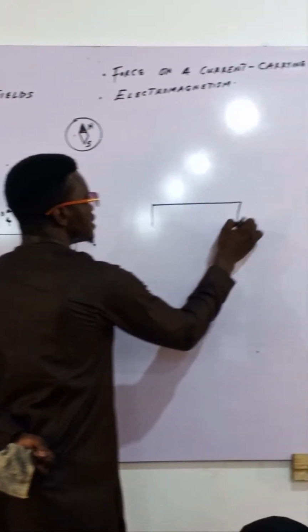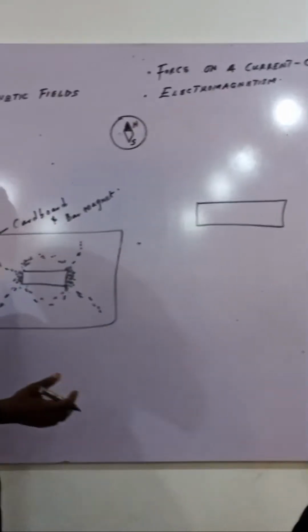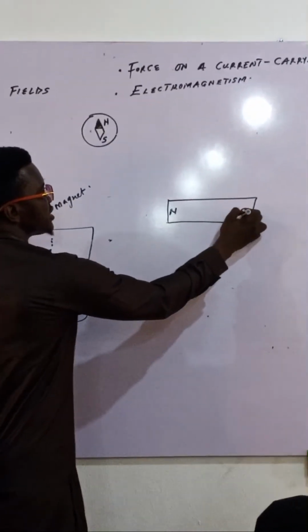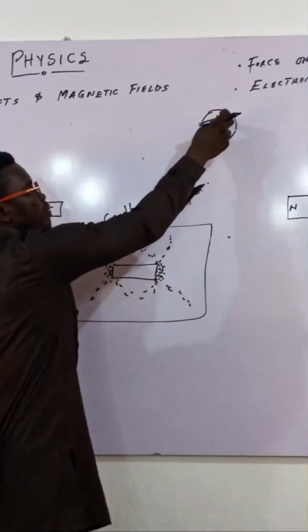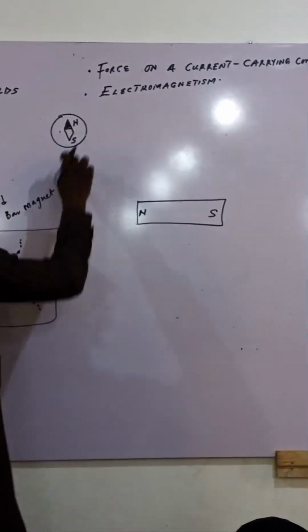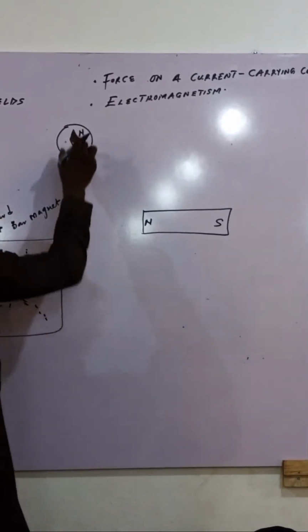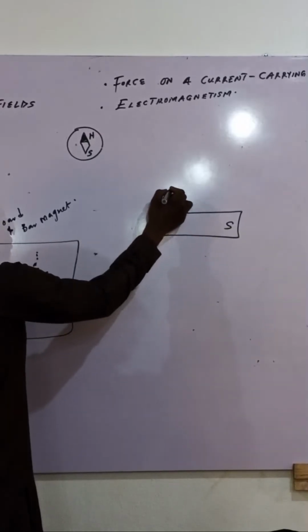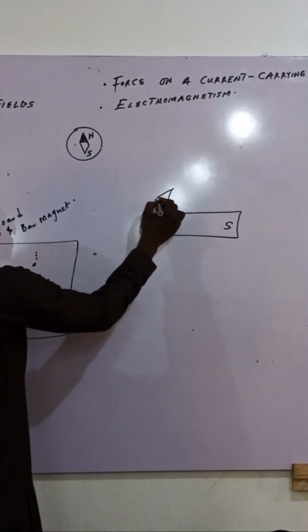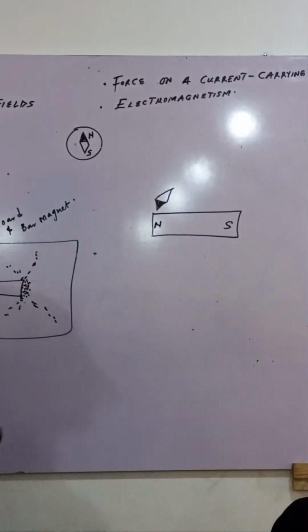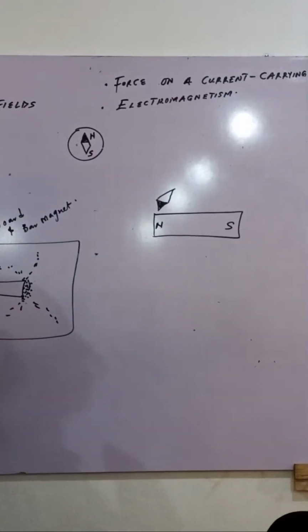Now, let's say this is the magnet and I want to draw the field. There's north here, and there's south here. You will take this compass needle and place it somewhere, anywhere. When you place it, you notice something. This needle will rearrange itself in this format. You can see the way it moves.